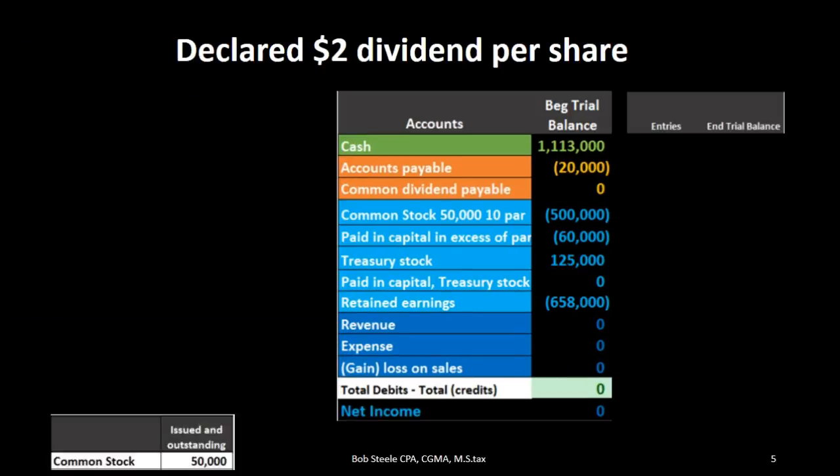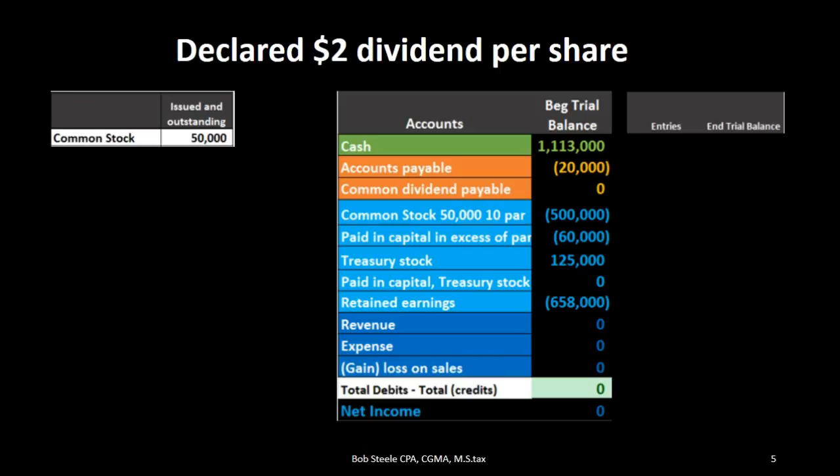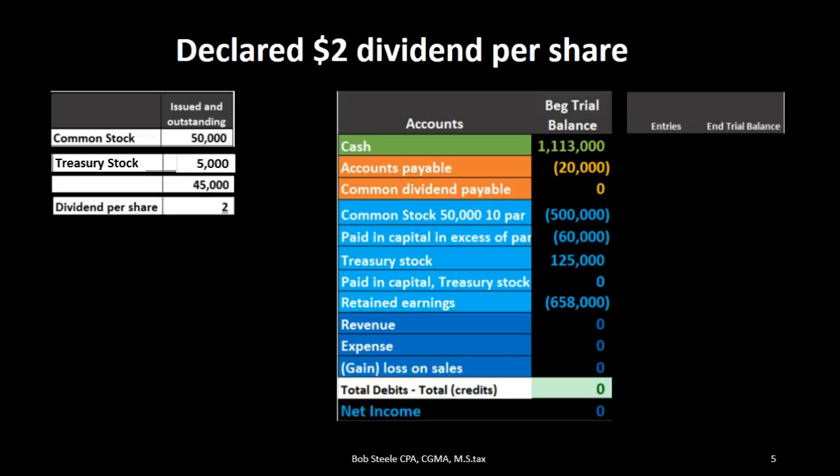If we were then to have dividends that were going to be declared and paid, if we had a $2 dividend that we were going to issue, then we would have to take the common stocks that were out there and reduce the treasury stocks in order to then calculate the dividend. So the dividend then would be the 90,000 in this case, point being that we had 50,000 common stock shares.